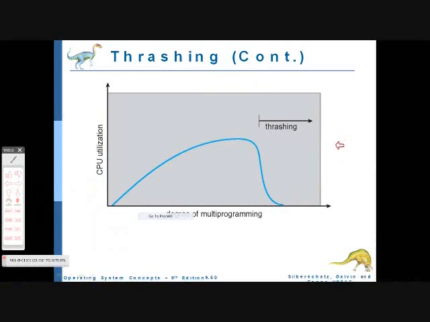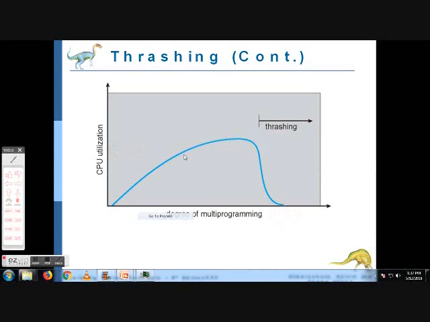This is a visualization of collected data, where the x-axis is the degree of multiprogramming and the y-axis is CPU utilization. At this part right here, there is an increase of the degree of multiprogramming.